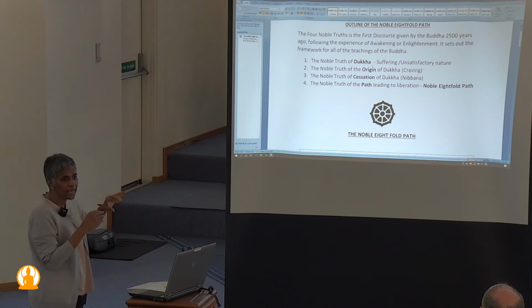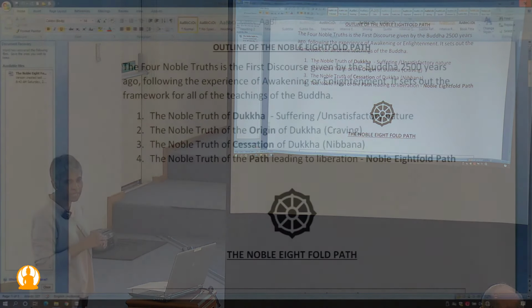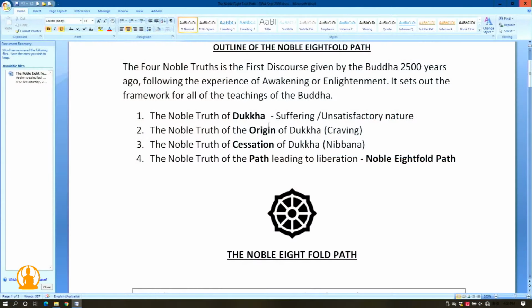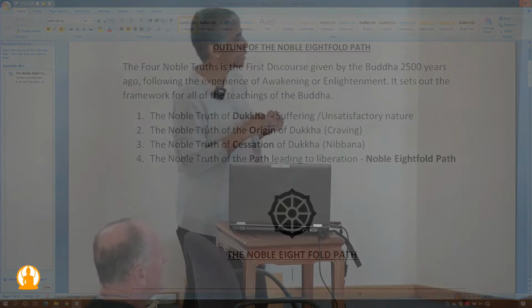In other words, there is a way to overcome suffering. There is a way from suffering. And that is described in the fourth noble truth, where he outlines the path leading to liberation, which is called the Noble Eightfold Path.